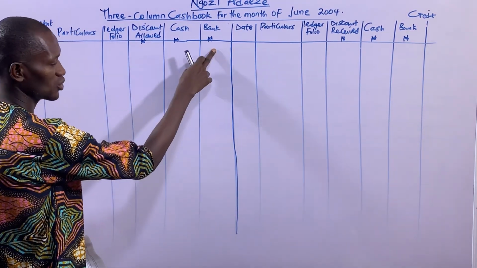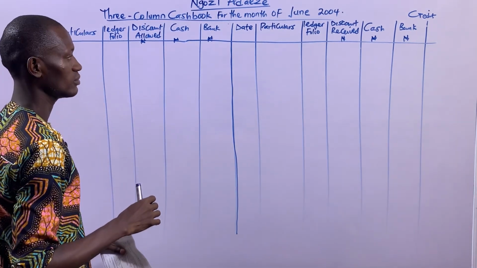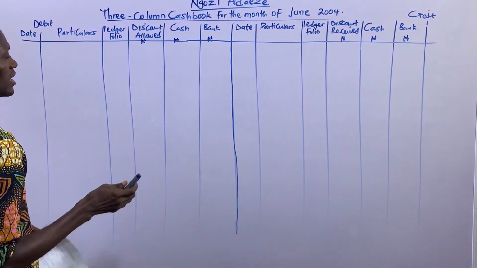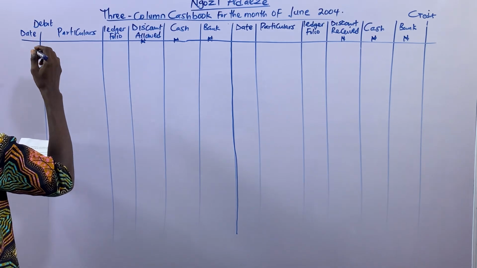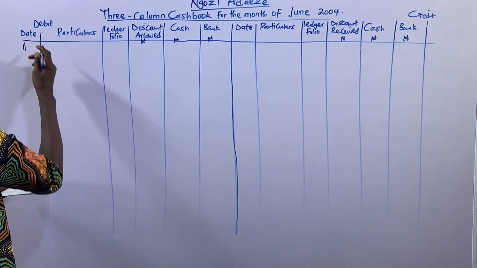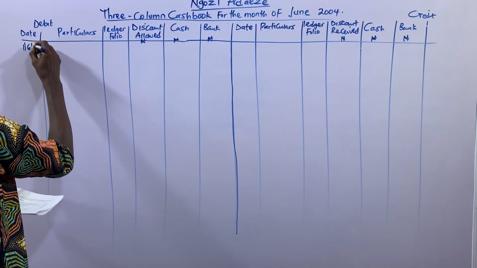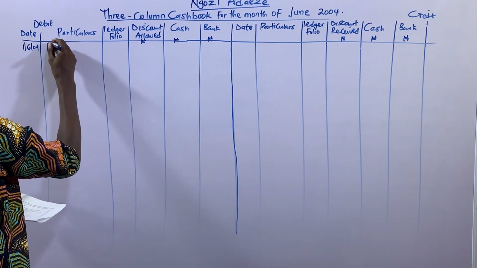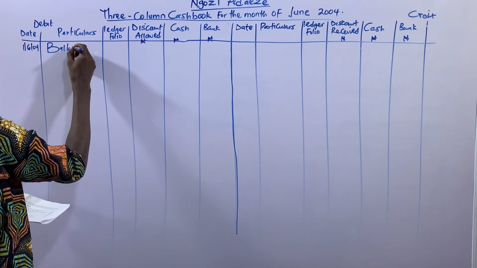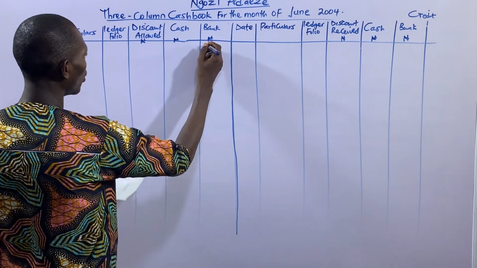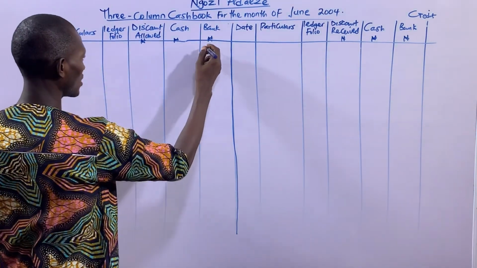It will not be under cash. It will be under the bank column. So that will be balance brought forward. So that's the first of June, 2004. Balance brought forward, under the bank column because it was paid into the bank. So that's 25,000.